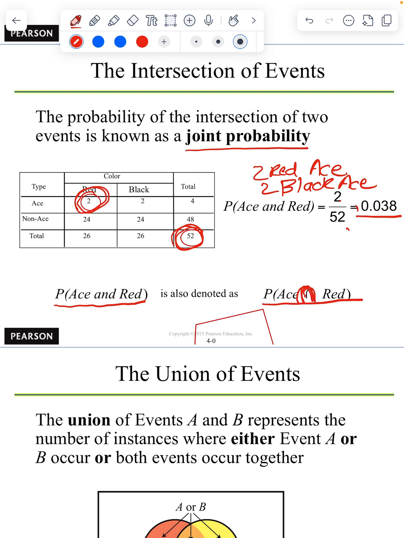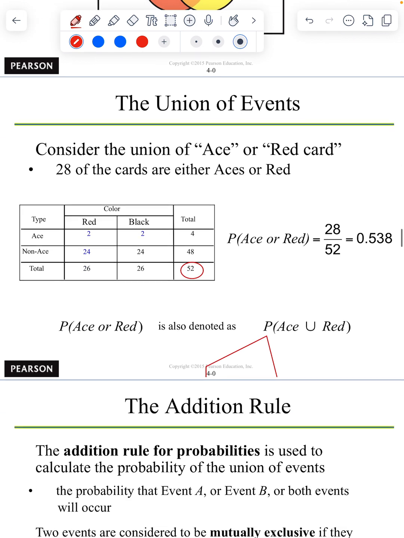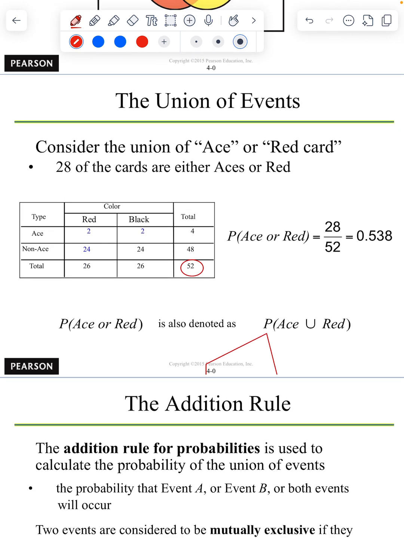The union of the events A and B represents the number of instances where either event A or event B or both will occur. So what does that mean? Well, consider the union of ace or red card.